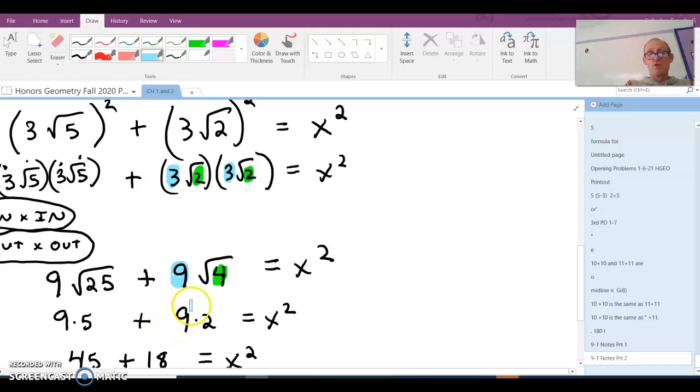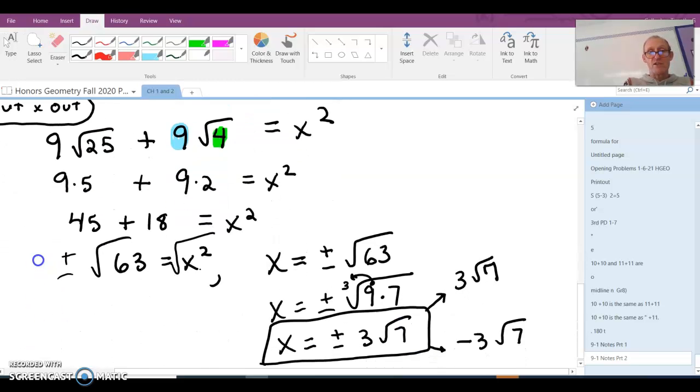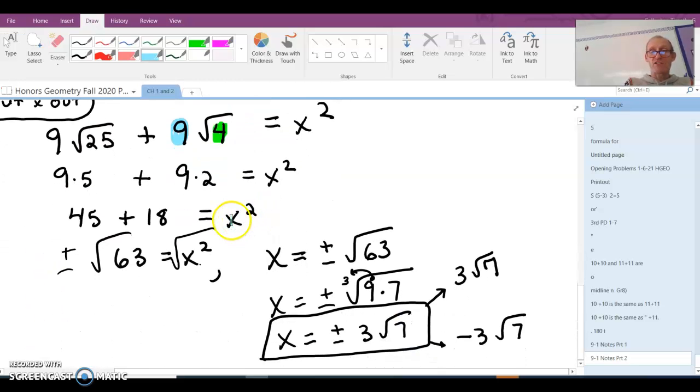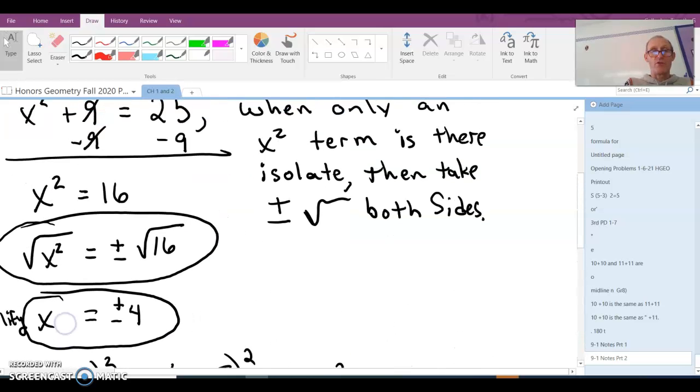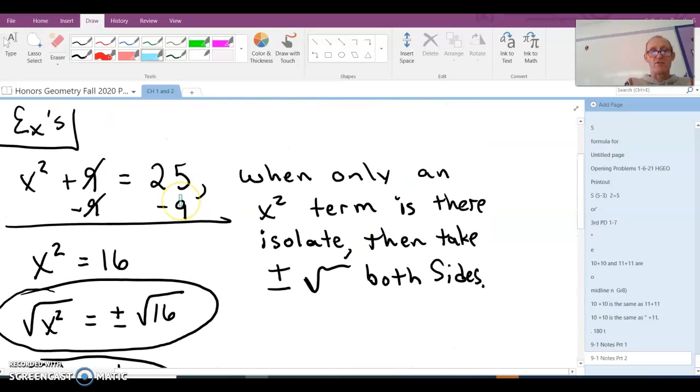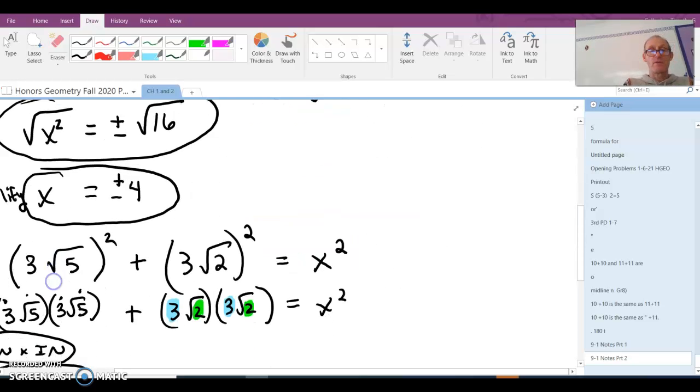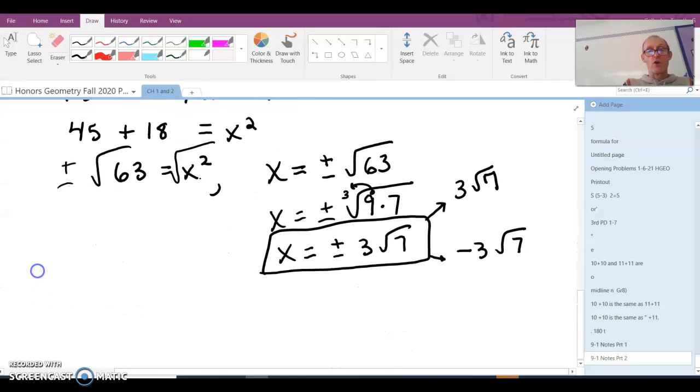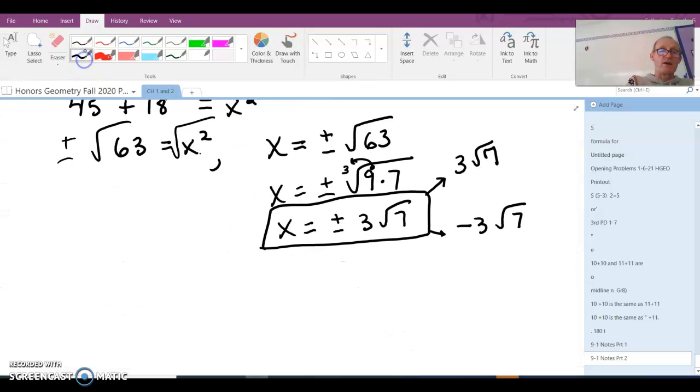Now that's a quadratic equation because we got x squared by itself. In the first problem, we had to get x squared by itself by doing some work. Sometimes you have to isolate it, right? Okay, so the last example is a quadratic.